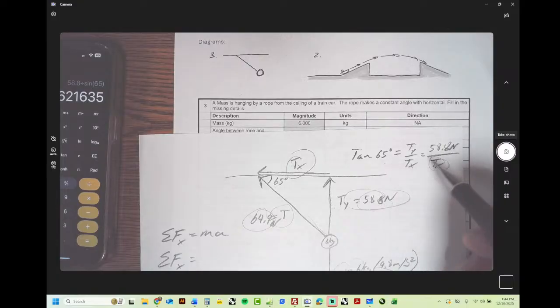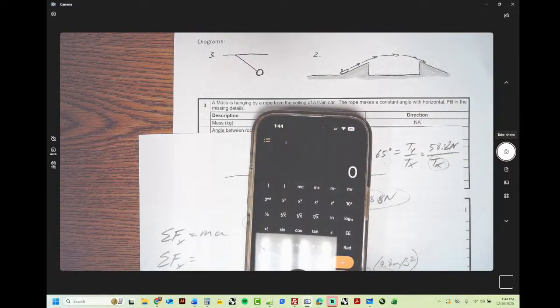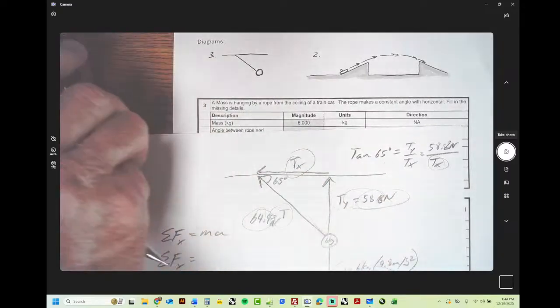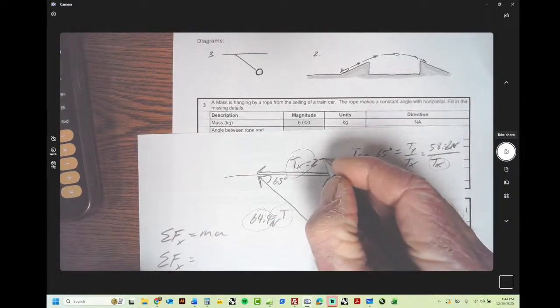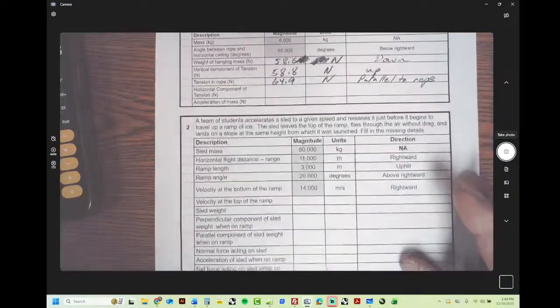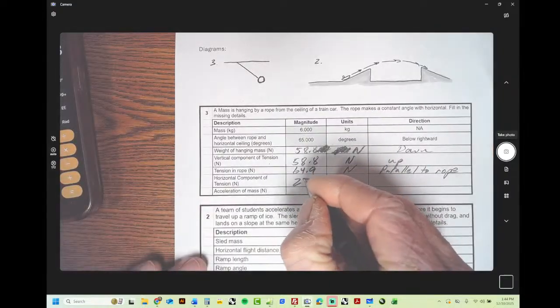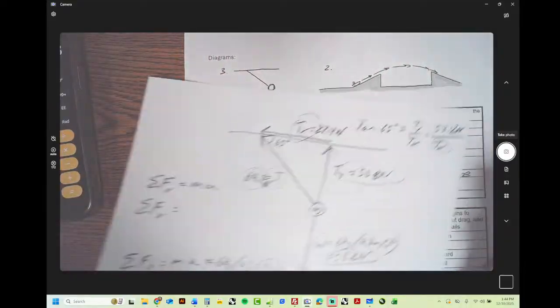So Tx is going to be 58.8 over the tangent of 65, which is 27.4. And that is leftward.